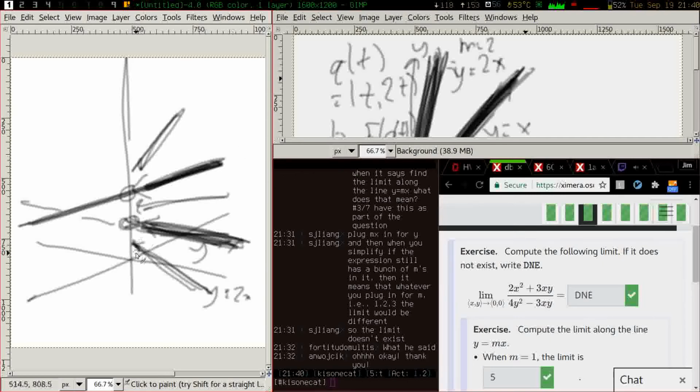But then around the point 0, 0, exactly what you're close to depends on which of these lines you're sitting on. And in that sense, it doesn't really make sense to say that the limit of this expression exists as x, y approaches 0, 0, because if you tell me that this expression is close to 17 when x, y is close to 0, 0, well, I'll just tell you, what if we're near 0, 0, but on this other line?